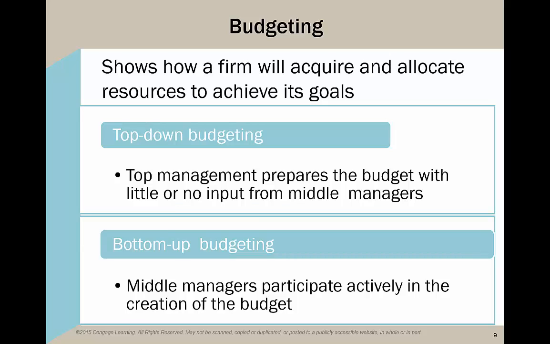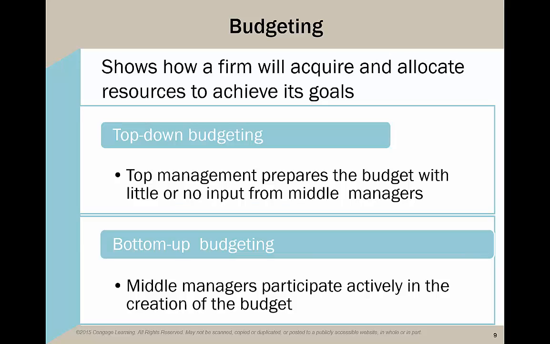Middle managers can have a say and can give suggestions as to what their department needs and what the expectations should be. Middle managers are the ones that work with the employees and work on the floor on a daily basis, so they understand the needs and goals and the resources that their department may require. The bottom-up budgeting approach could help ensure that everyone's on board.